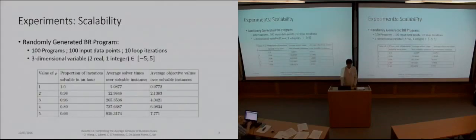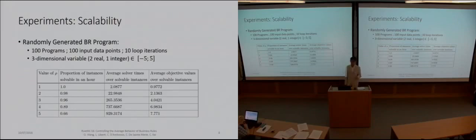So next I have just a few experimental results. These are very initial results. I just generated a bunch of business rules programs with varying number of rules in each program. So for each number of rules, I had 100 programs with 100 input data points.